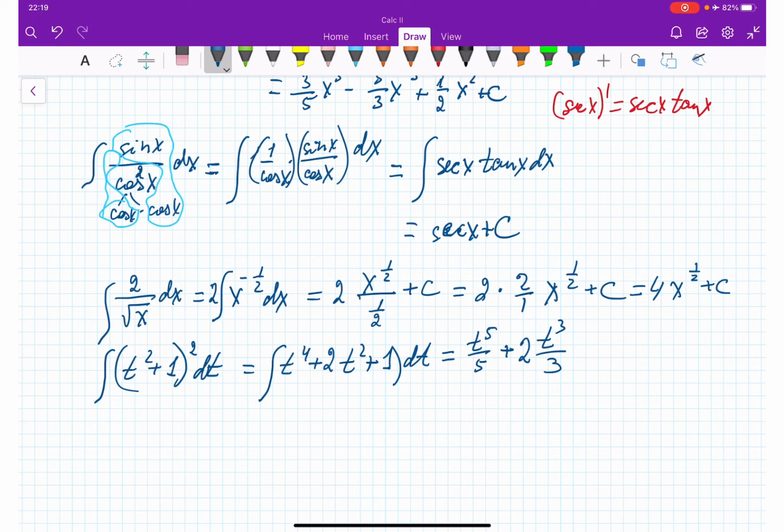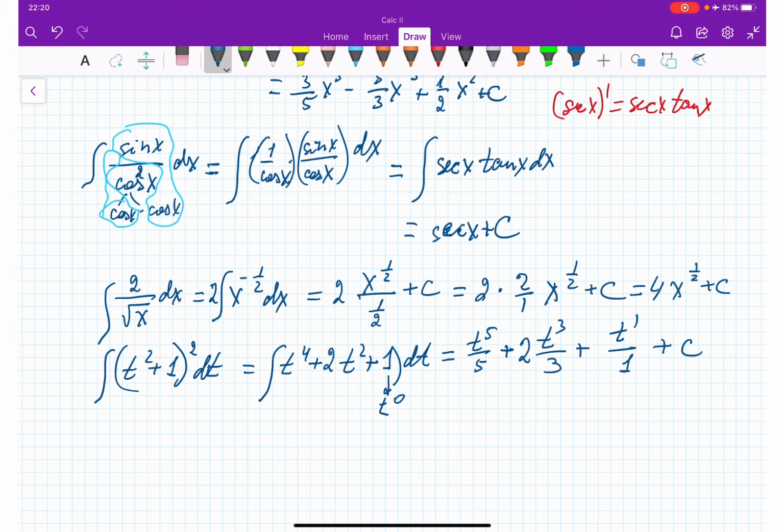And then when we have 1, meaning nothing else but t to power 0, which means it's going to be t to power 1 over 1, plus c. All right? So it's a result.